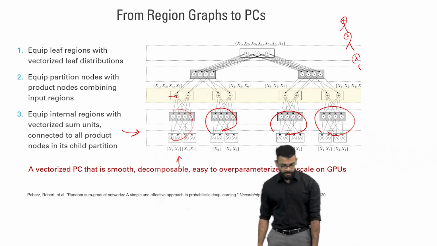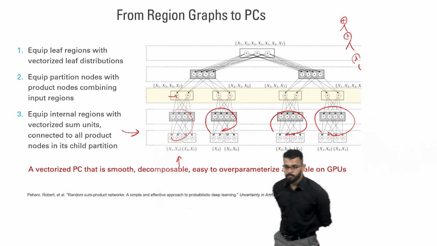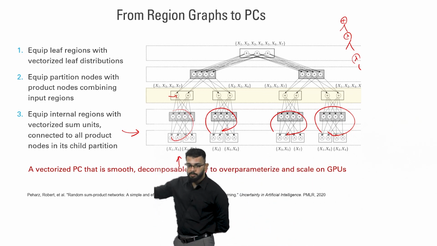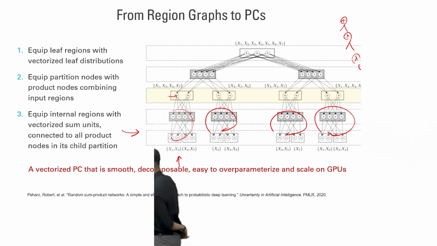Right, exactly. This structure is something you're defining. The structure is in terms of how the variables are being split. That is actually what the structure is in a PC, right? And you are randomly defining how your subsets come out, by randomly sampling.